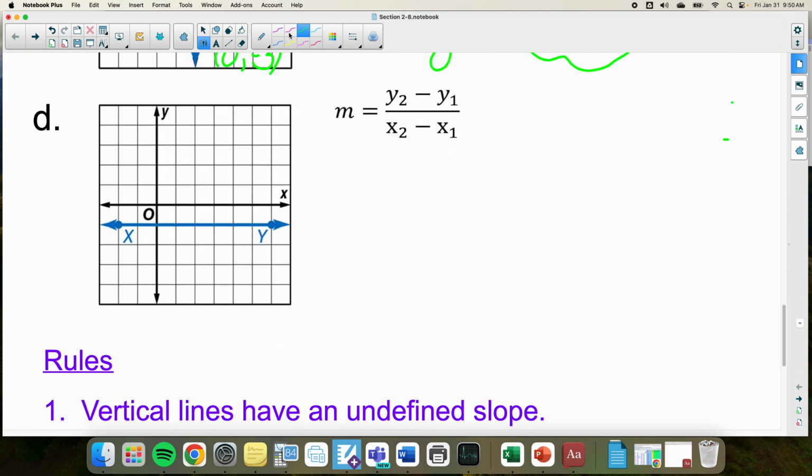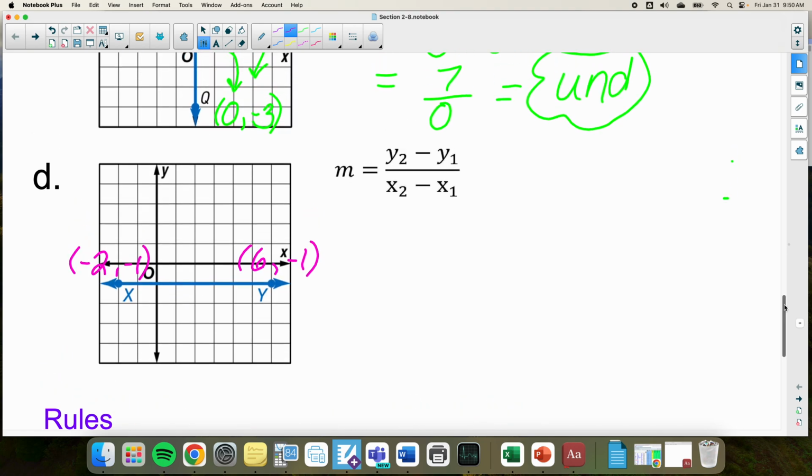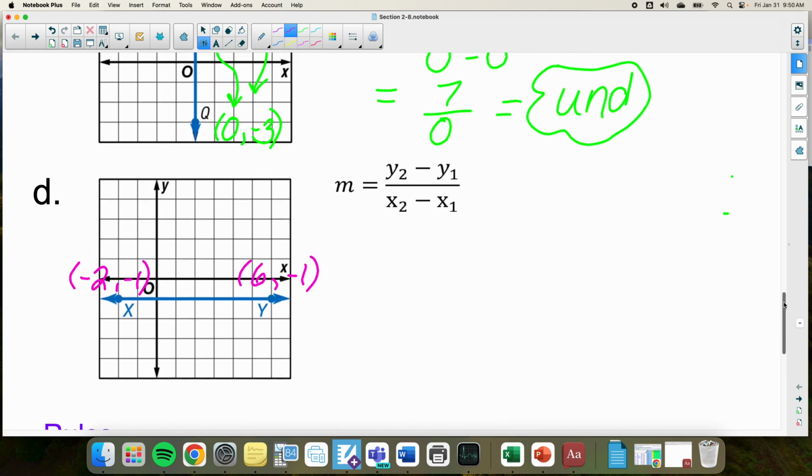Okay, now if I look at this one, this is left 2 down 1, so that's -2, -1. This one is over 1, 2, 3, 4, 5, 6 down 1, so that's 6, -1. Okay, now when I go to do this, I wouldn't have to rewrite these like I am. You could certainly do this on the graph, but on top, I'm subtracting my y's.